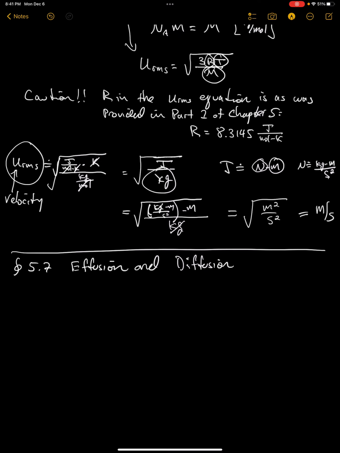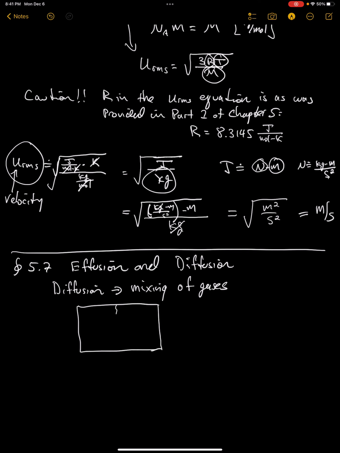Okay, so first of all, what is the difference between diffusion and effusion? Well, generally speaking, diffusion is essentially the mixing of gases. And so we can visualize diffusion by having a tank.